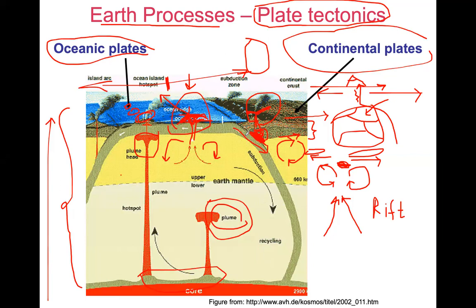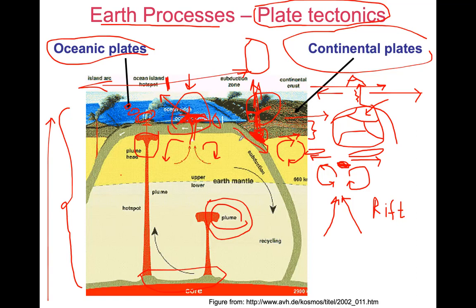But while going down, you are melting this part as well, and you get new magma dumped onto the surface. So the mass lost is compensated by volcanic activity. There is a balance happening, and therefore the total mass of the Earth does not change. Somewhere this mass is preserved.